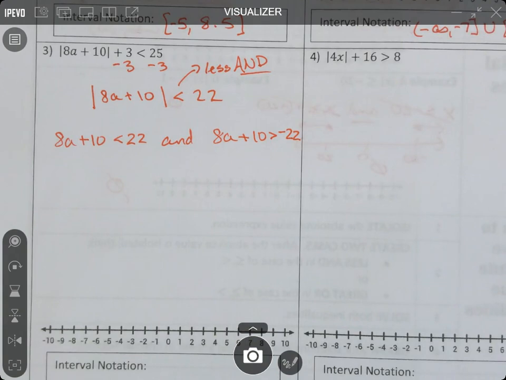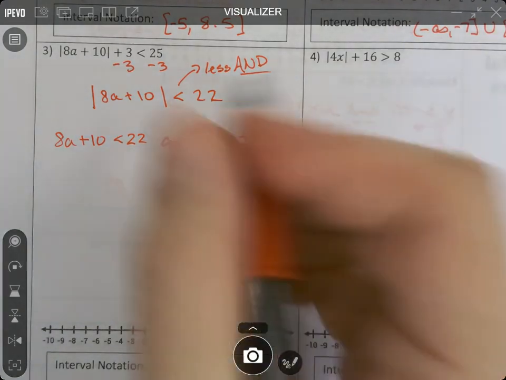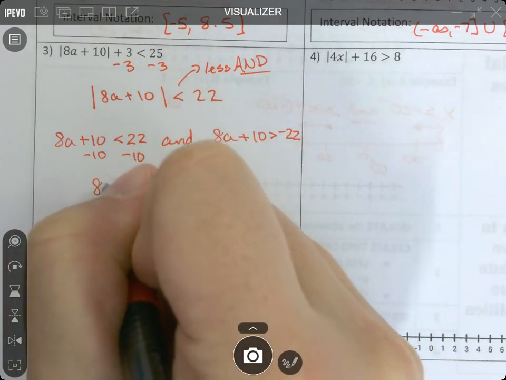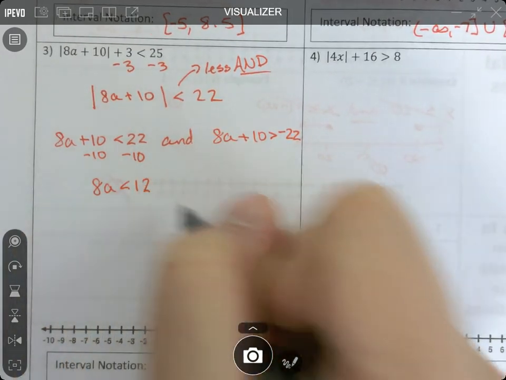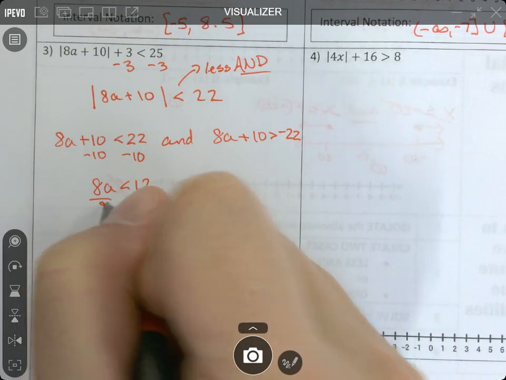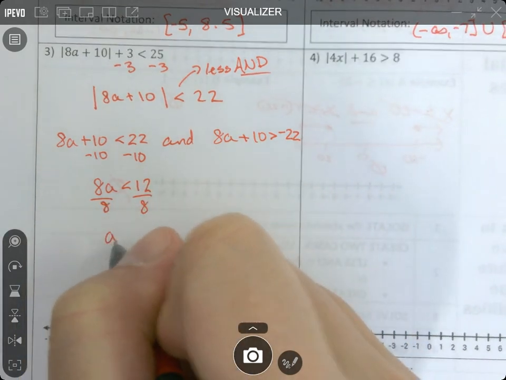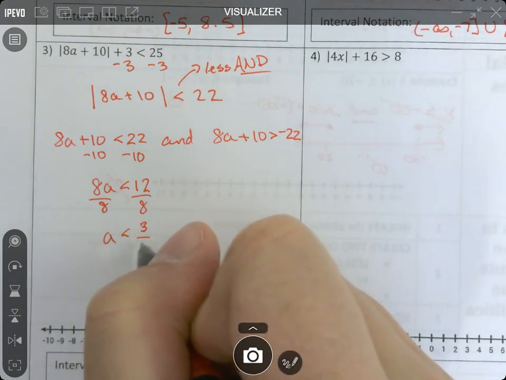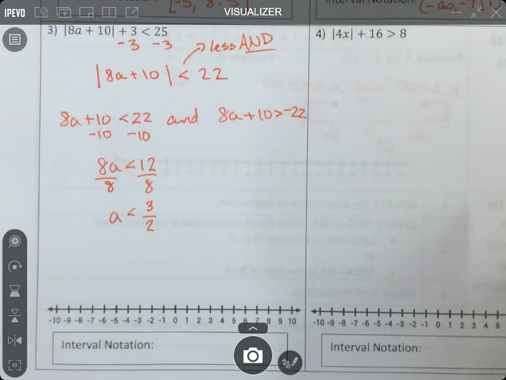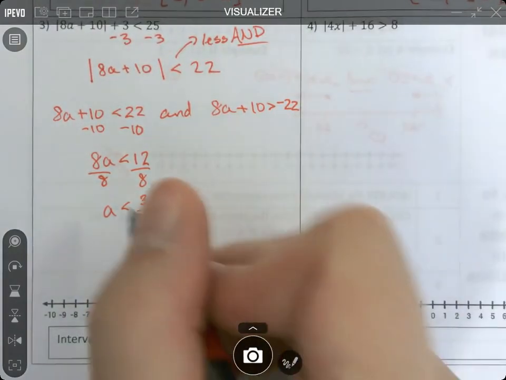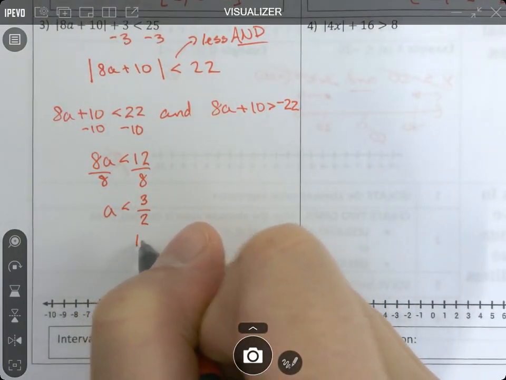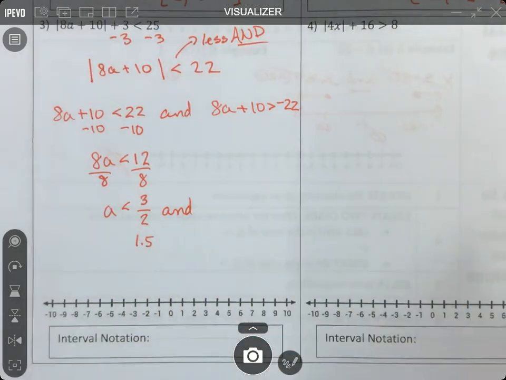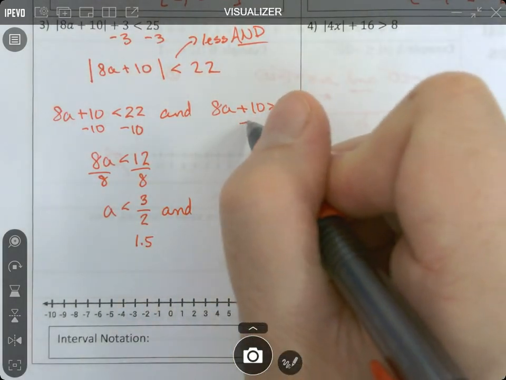We're saying what's inside can be 22 or negative 22. All right, go ahead and solve. 8a is less than 12. Divide by 8. So a is less than, I'm just reducing by 4, guys, and I get 3/2. Sometimes when you're doing Delta Math, they don't want the decimals, so I leave the fraction, but 3/2 is the same as 1.5. All right, and has to be in your answer if you're going to keep them separate.